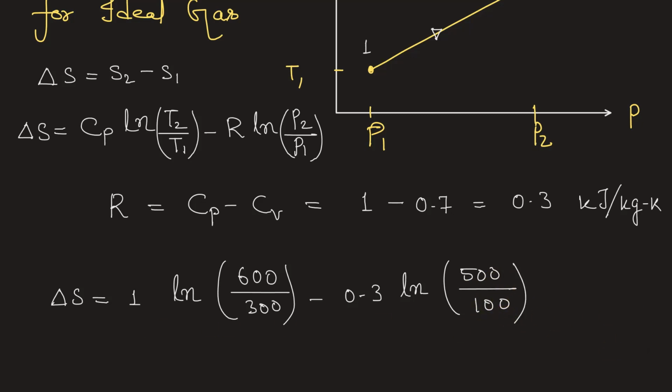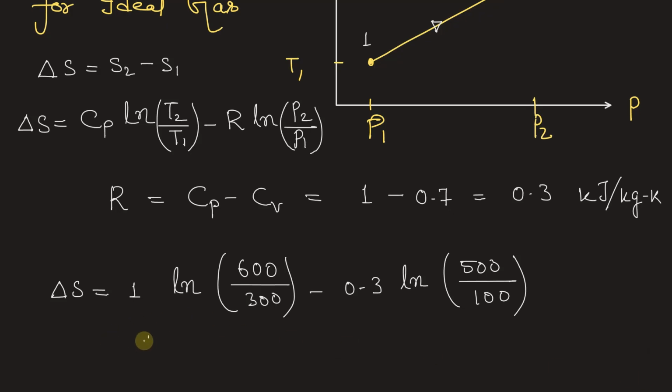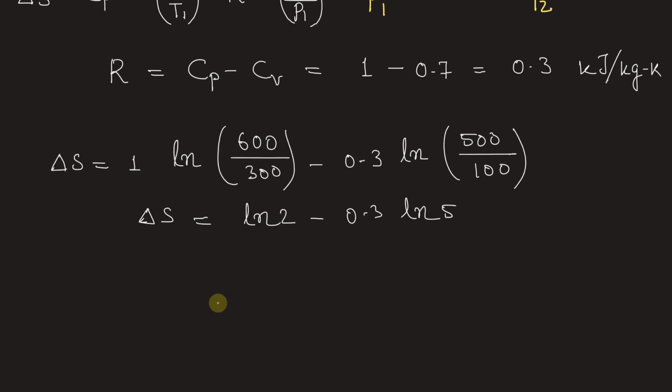So from here we can write delta S is equal to ln 2 minus 0.3 times ln 5. Finally, the change in specific entropy will be equal to 0.21 kilojoule per kg Kelvin.